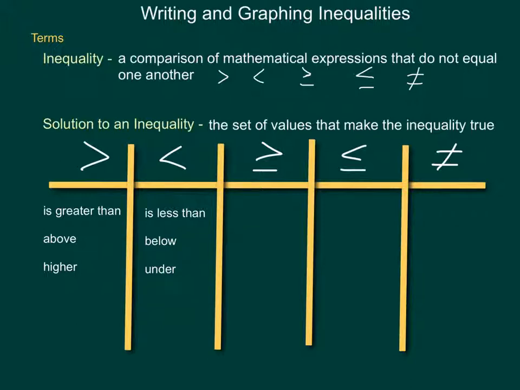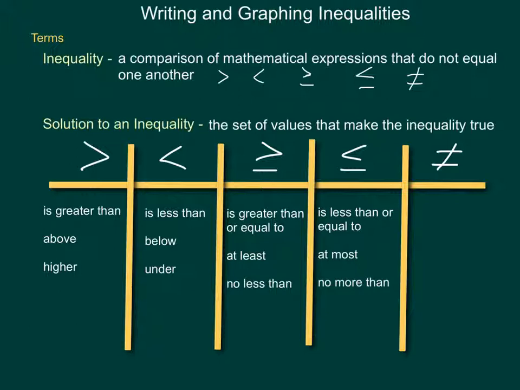Our next two go along with these, but they do have the option of being equal, so they do carry along some extra vocabulary with that. For instance, symbol number 3 reads is greater than or equal to. That's the name of the symbol. But we can also denote this with either the terms at least or no less than. Symbol number 4 will work as the antonym of these, so we have the expressions is less than or equal to, at most, or no more than.